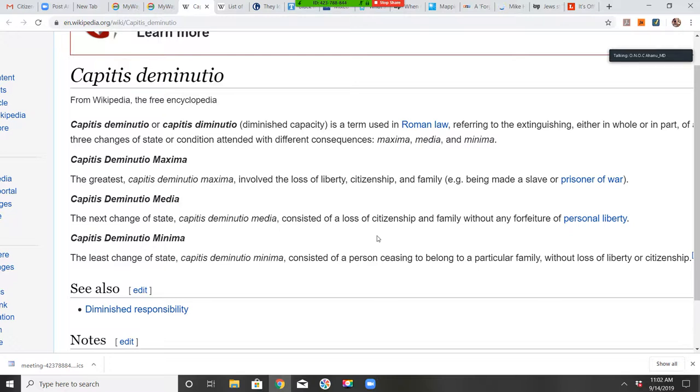And those family names mean a lot. Now, when you lose some of your status, you lose your citizenship, you lose your family name. I think when you become a prisoner, you become a number. So you don't even have no name.